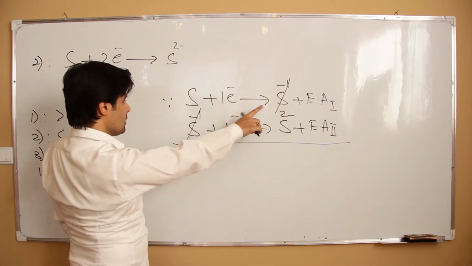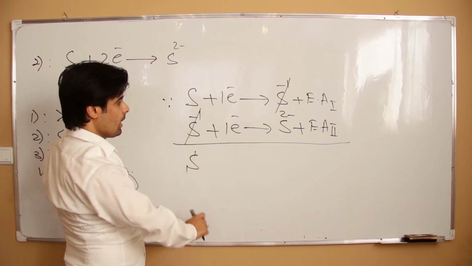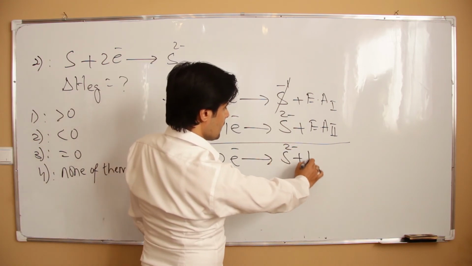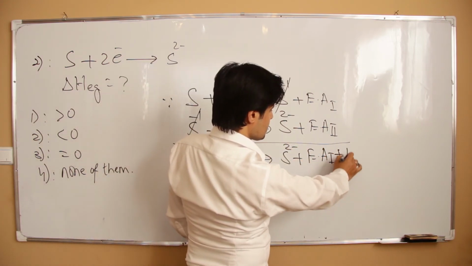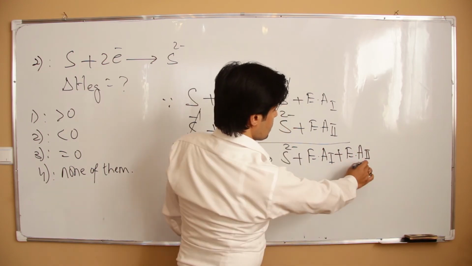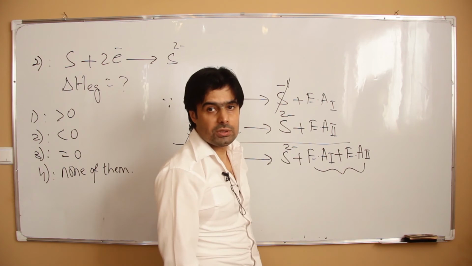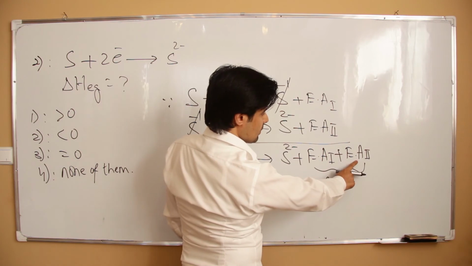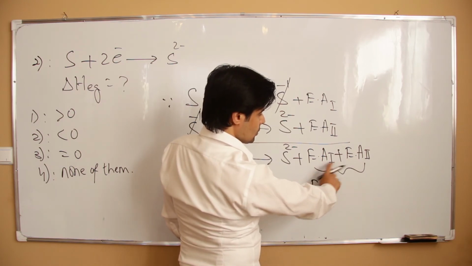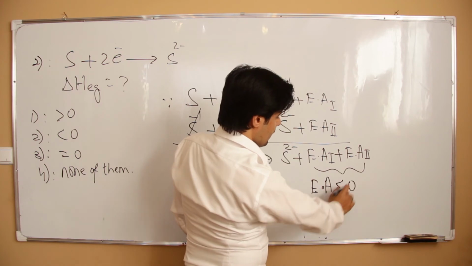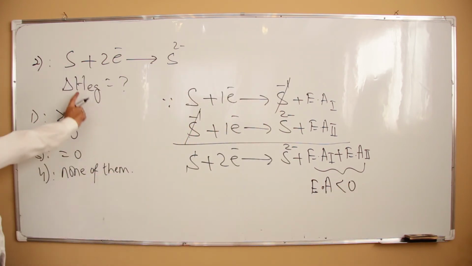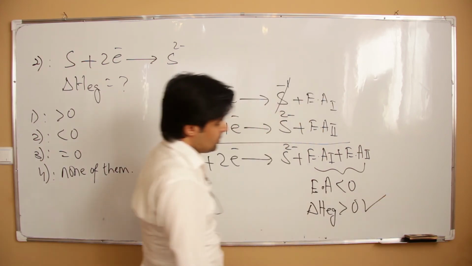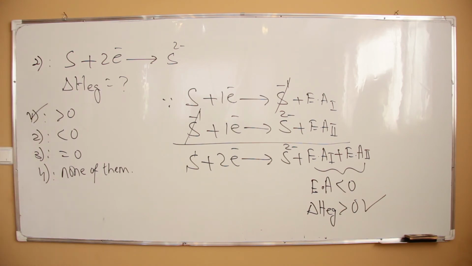Why? Because we can put this one on the left side, and this is 2 electrons, and we have S2 negative plus electron affinity first plus electron affinity second. Now what do you think? This one is negative or positive? I think it's negative. Electron affinity first is positive, this one is negative, and the value is more, so the summation will be negative. If electron affinity is negative, then delta H or electron gain enthalpy would be positive. I think number 1.